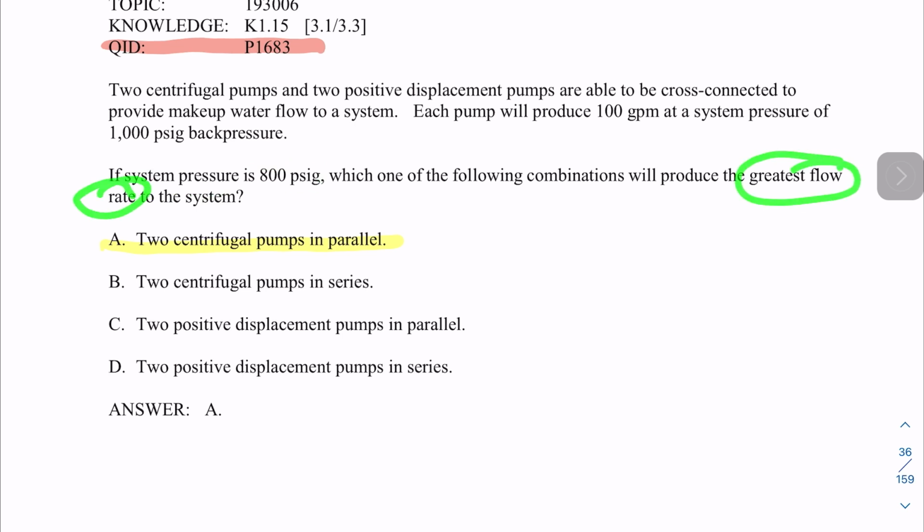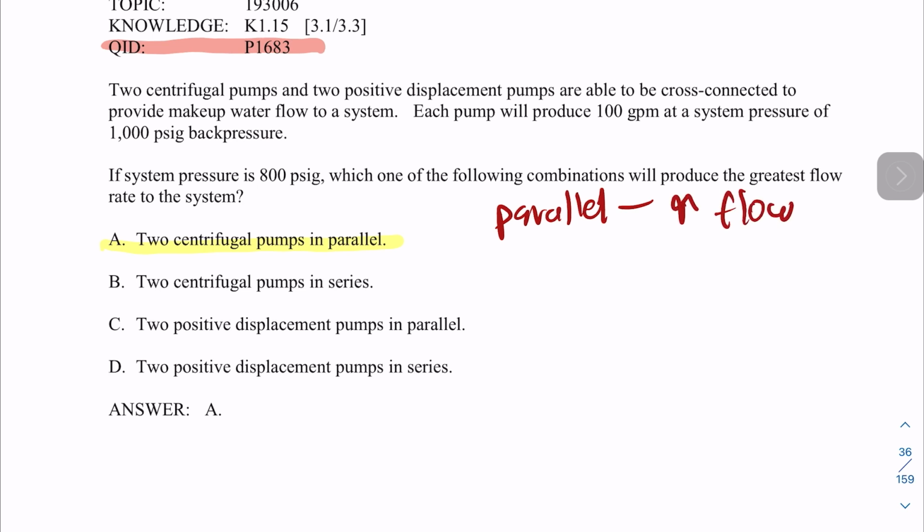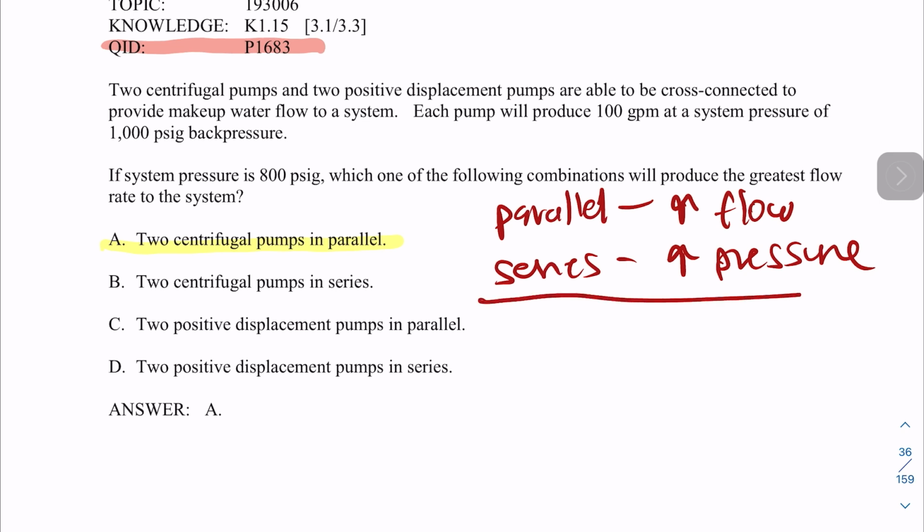Here, you just cannot say, oh, positive displacement pump in parallel gives you the greatest flow. Remember, parallel gives you greater flow. Series gives you greater pressure. That's one thing to remember.